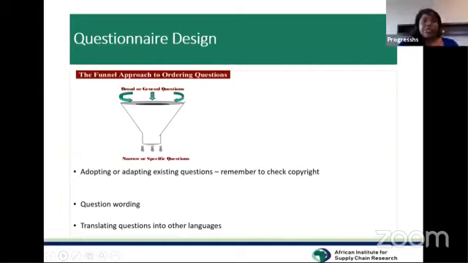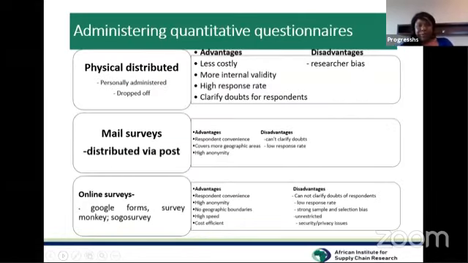But what you really need to do there is make sure that you do not lose the intended meaning of the items, of the statements, or of the questions, in the process of translating it.